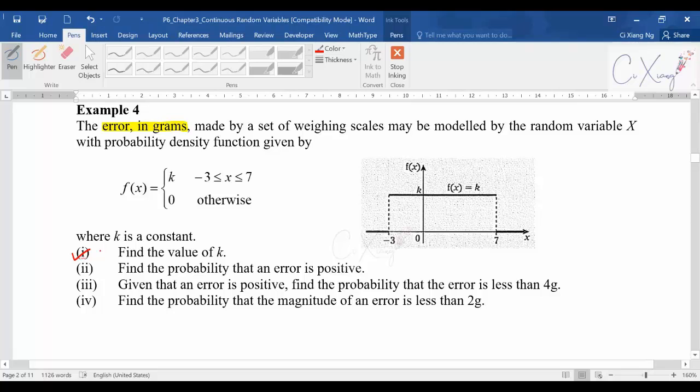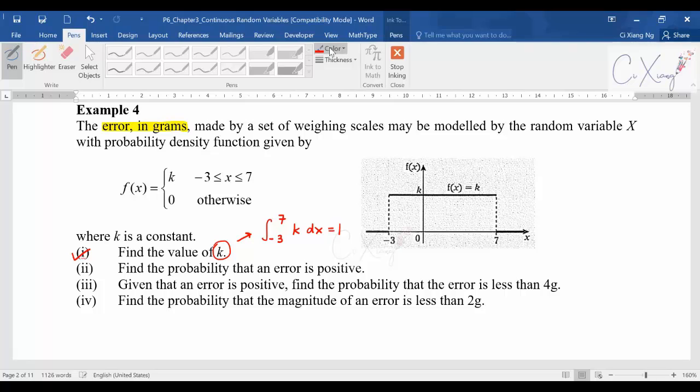When they give you the figure, we should use the formula that when you integrate the function k from -3 until 7, it should equal 1. This is a property that we learned just now, so you can use this one, of course, no problem.